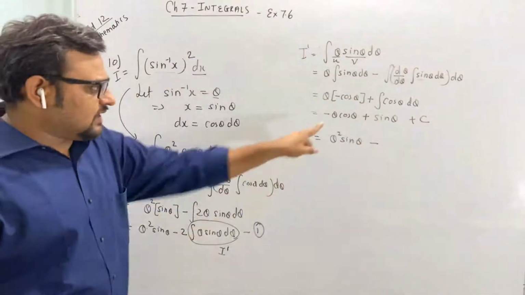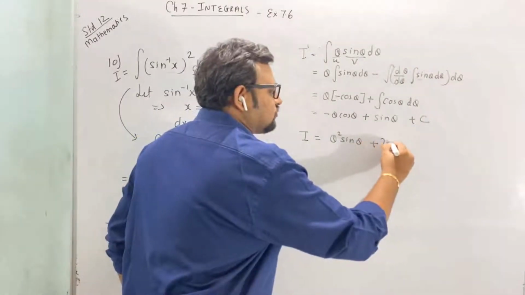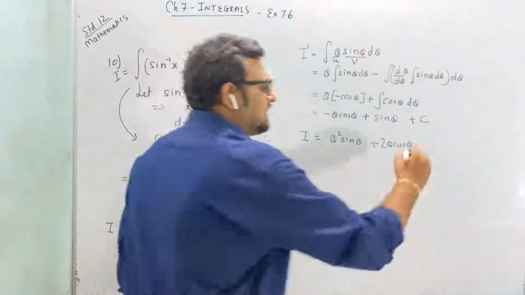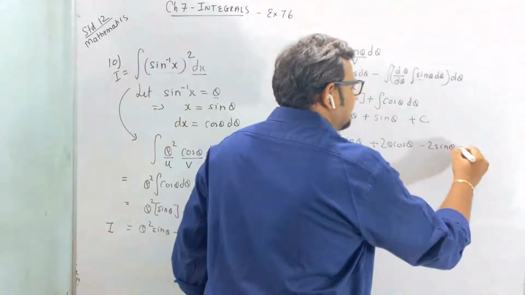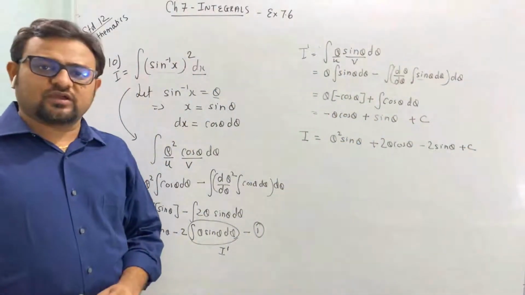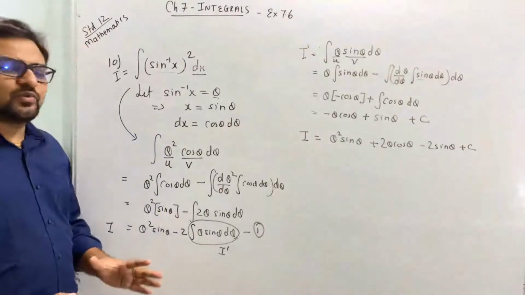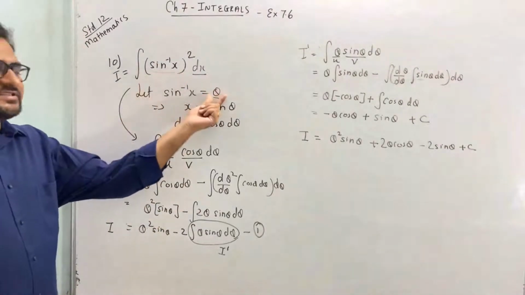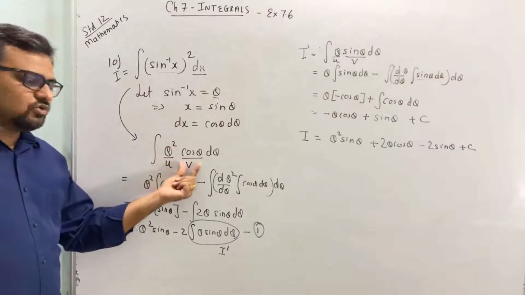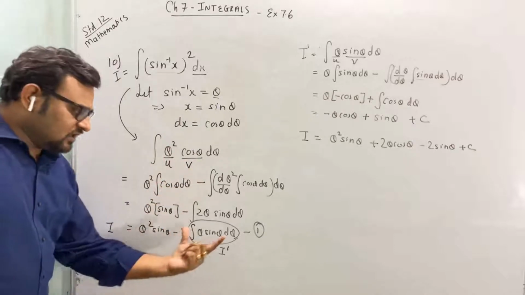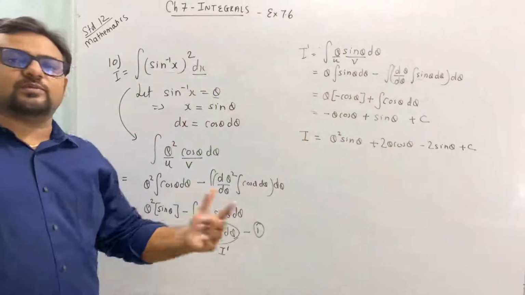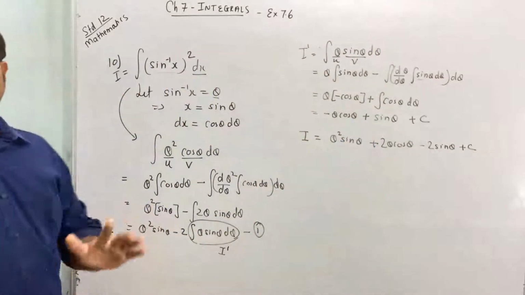So minus into minus, plus 2 theta cos theta, minus into plus, minus 2 sine theta plus c. I'm repeating what we had done. We had assumed sine inverse x as theta. After assuming, we separated u, v and solved it. Again, this we had assumed as I dash. We solved that and joined both. Clear? So just go through this question.